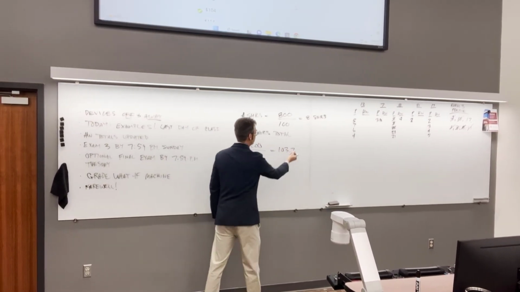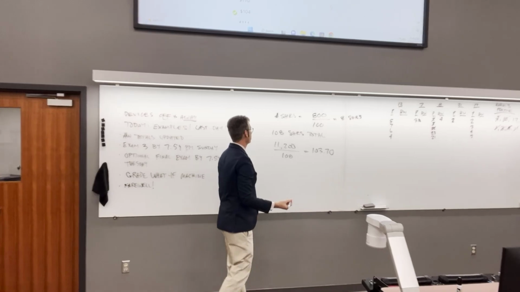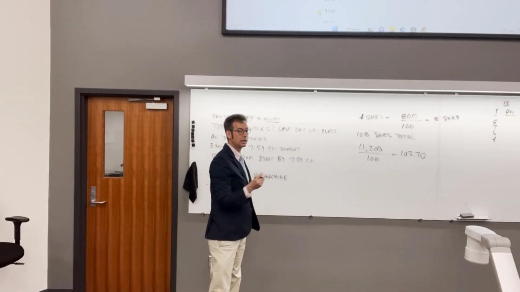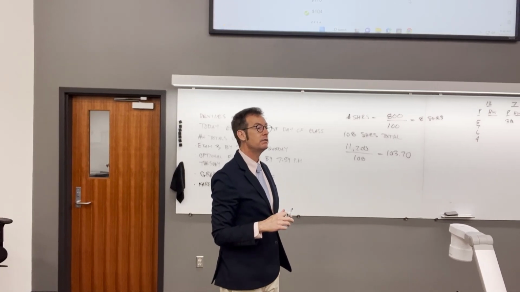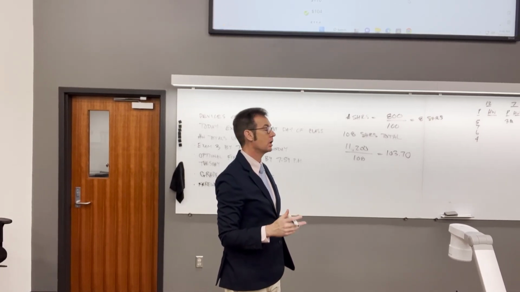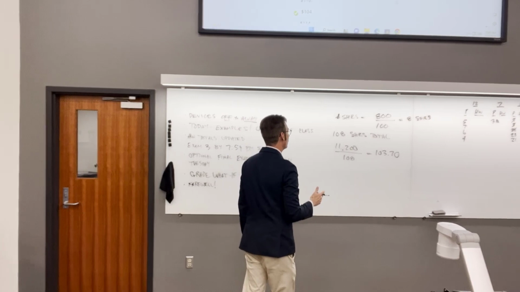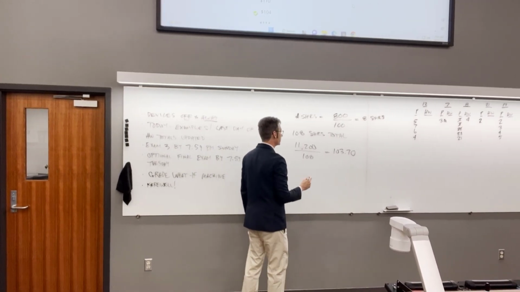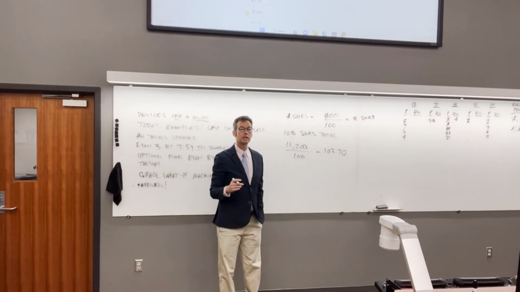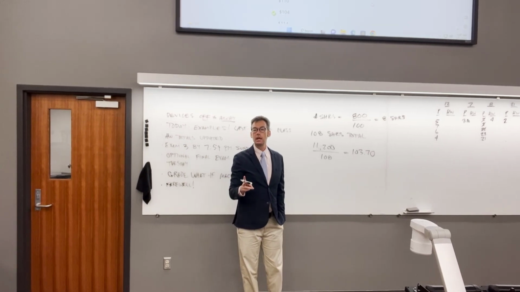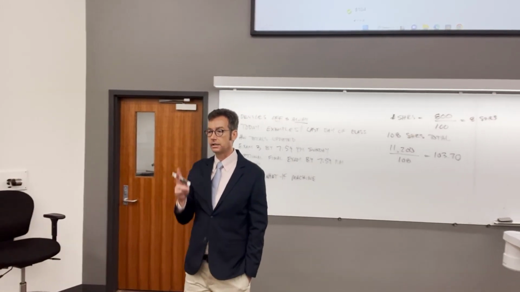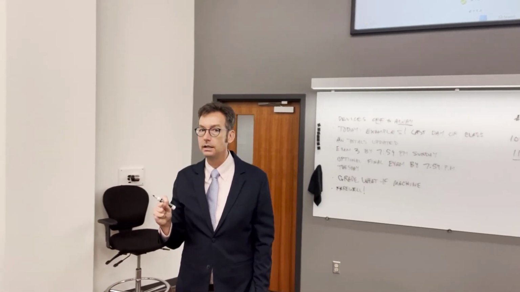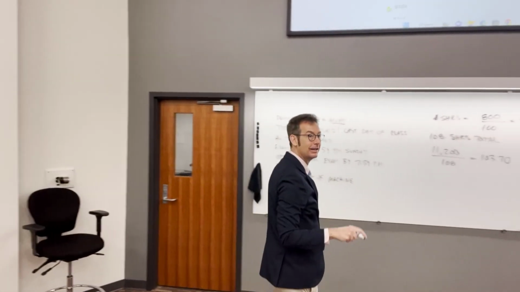Okay, so 103.7. Now, the question I could ask was, what's the NPV for this project? One of the things we have to ask is, what is the cost to A to acquire B? You'll instantly want to say 800, but it's not. Why not? It would be 8 times 103.7.